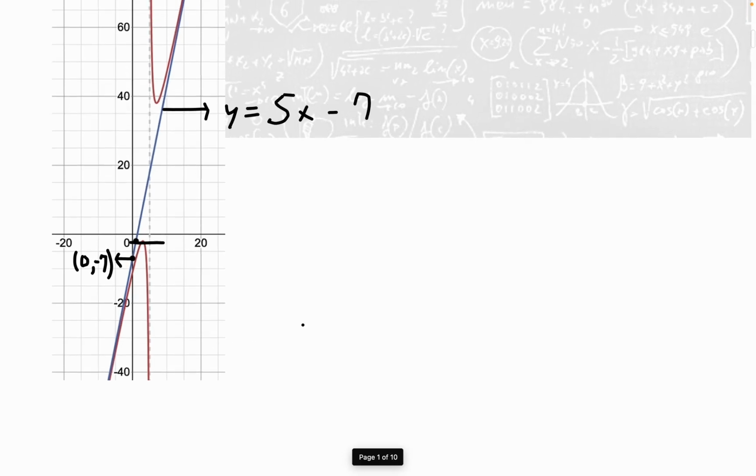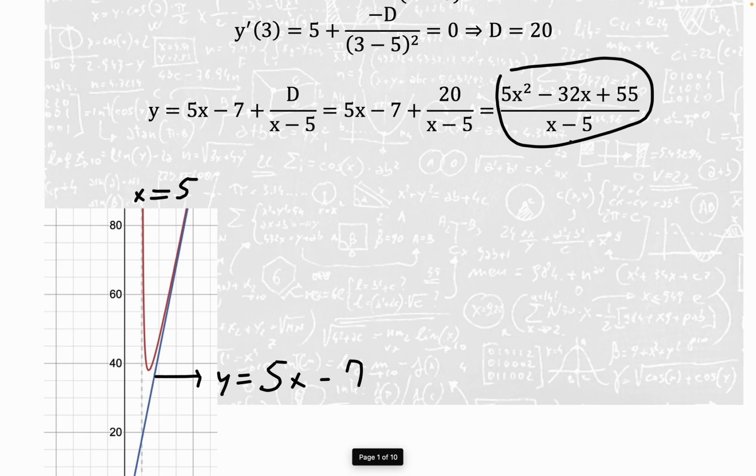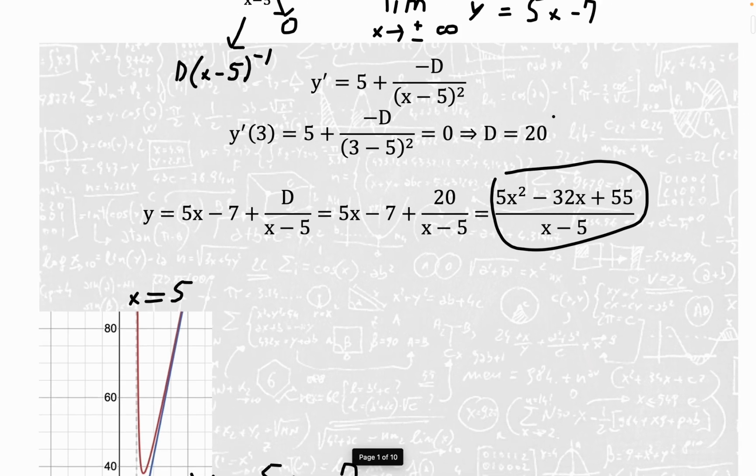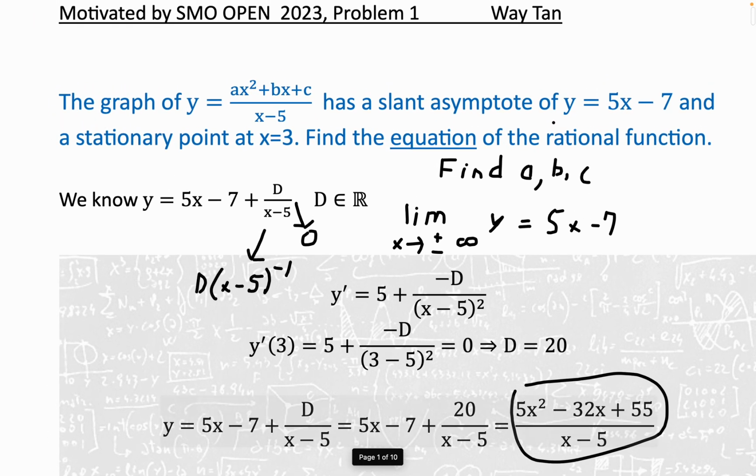And let's see, what else? Anything else to say? We do have one other stationary point right over here, but all you need is one stationary point to get this done. Okay, it looks like the other stationary point might be around 8 or let's see, 7 maybe. But in any event, that's that. We did recover the original function by basically 2 ideas.